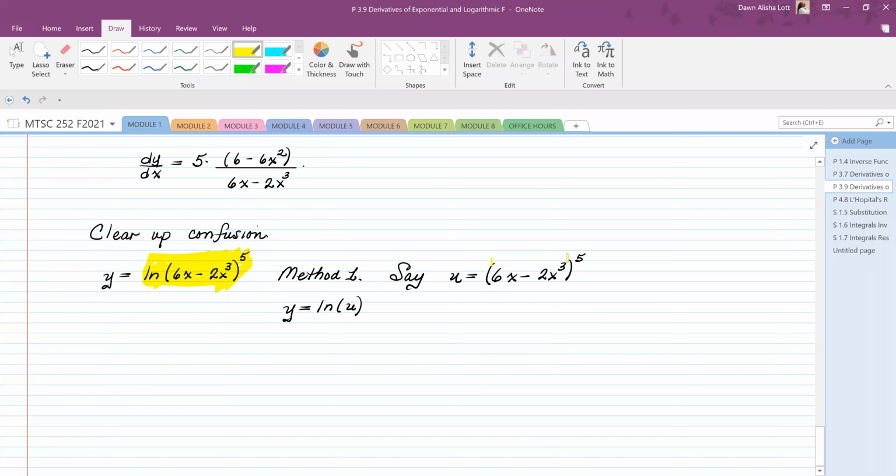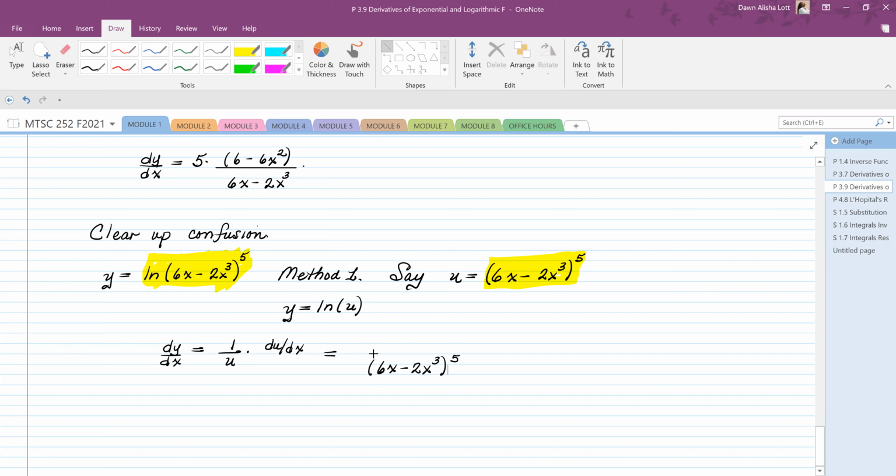So this whole thing is u. Now if I use the rule that dy/dx is 1 over u times du/dx, then I would put u in the denominator as 6x minus 2x cubed to the 5th power.